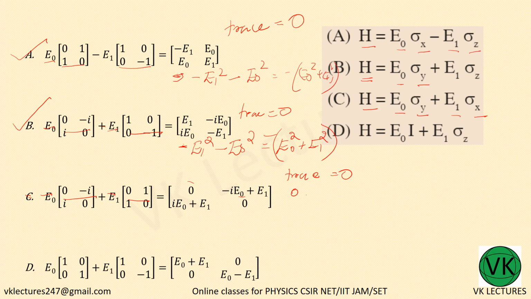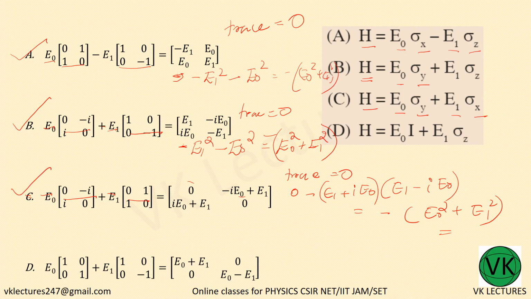The determinant is 0 minus E1 minus I E naught into E1 plus I E naught, that is, into E1 minus I E naught. A plus B into A minus B is equal to A square minus B square. I will get squared, so what you are getting is minus of E naught squared plus E1 squared. Again, your determinant is the same, so option C is also correct.